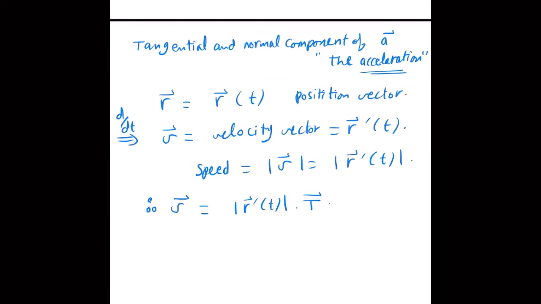Or we can write it like this by the formula we had last time, the relation between the arc length and the magnitude of R prime. They are the same thing.